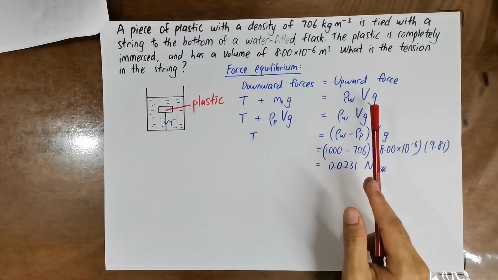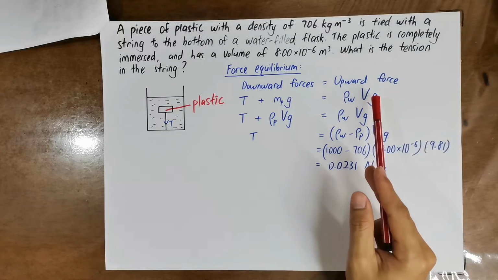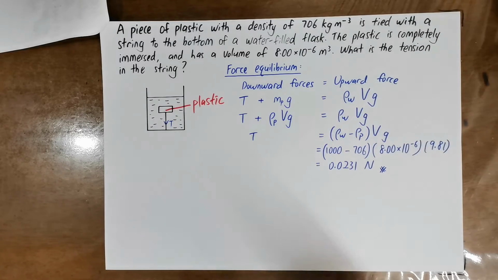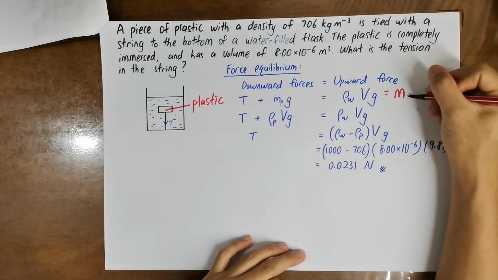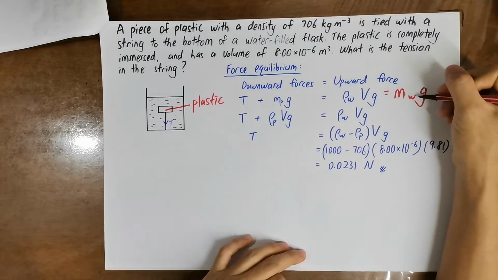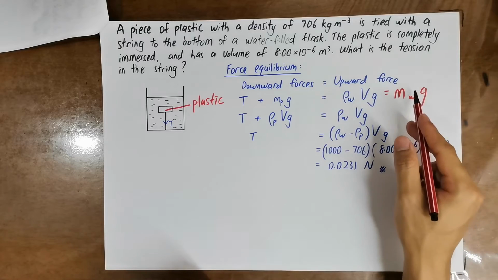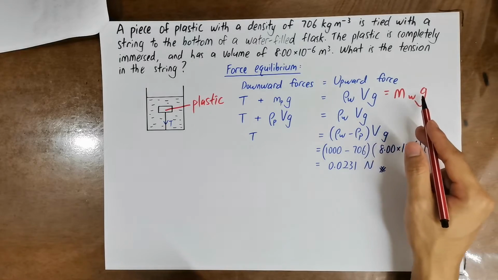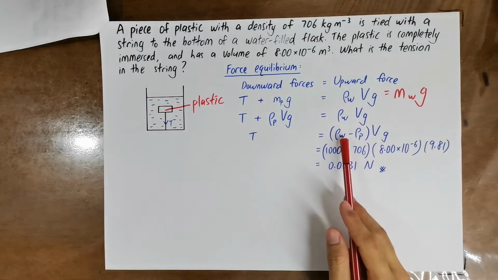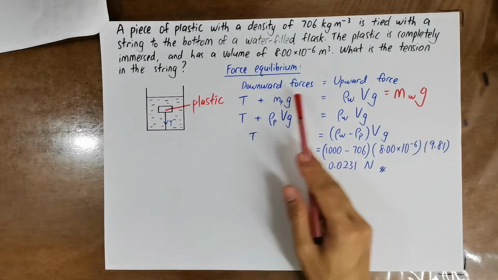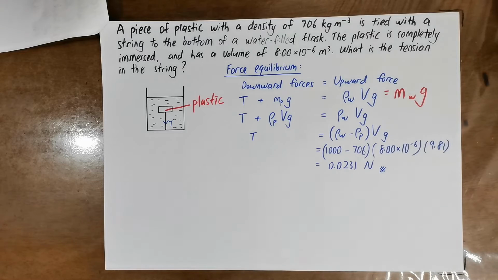The weight of the fluid you displace is the mass of the water times the gravitational acceleration. Then you substitute everything, and you get this.